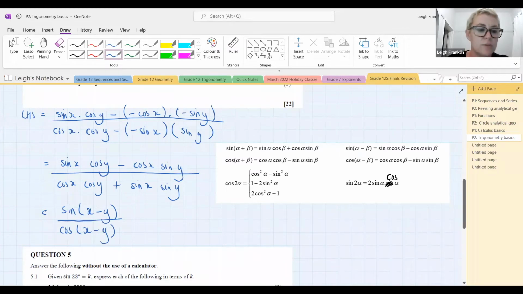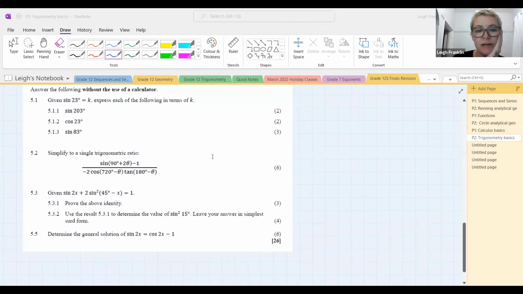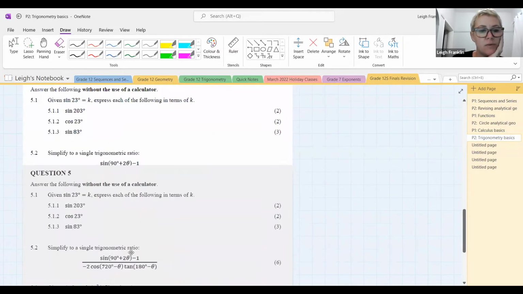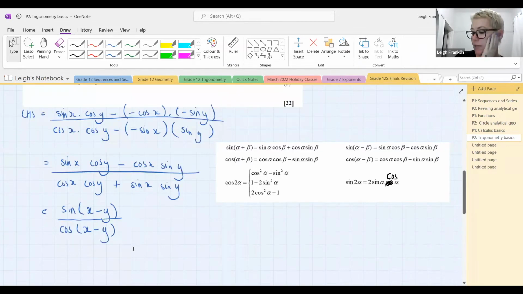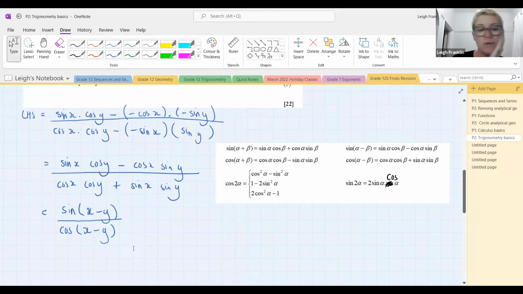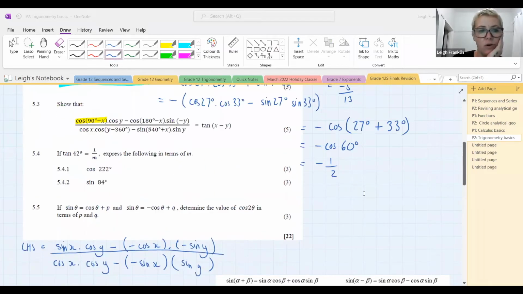And of course, sine (x minus y) over cos (x minus y) is going to leave us with tan (x minus y). All right, and now we have proved that the left-hand side equals the right-hand side.